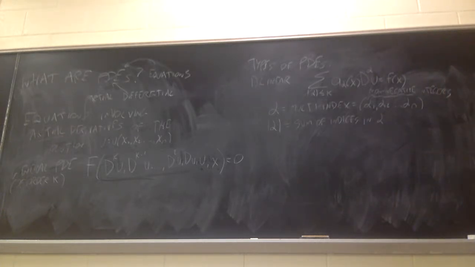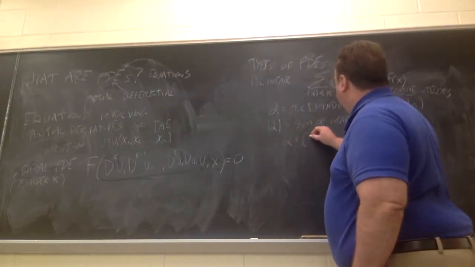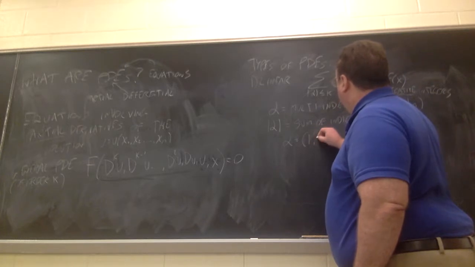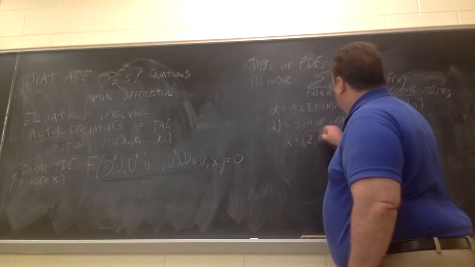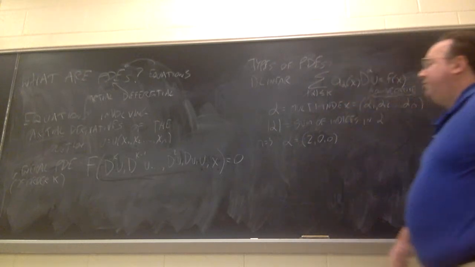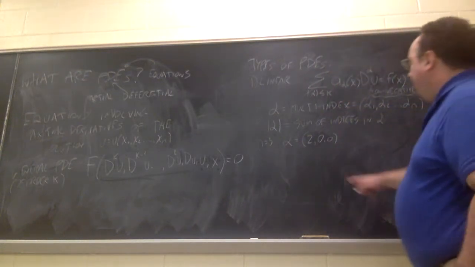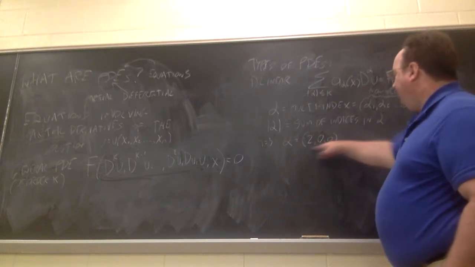And what they're meant to do is help you pick out a particular partial derivative of u. So I'll give you an example. Let's suppose that n is equal to 3. u is a function of 3 variables, x, y, and z. So alpha is this multi-index.